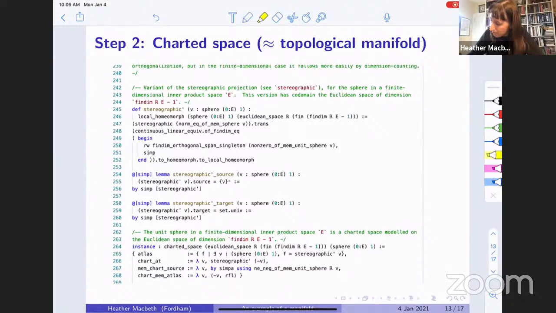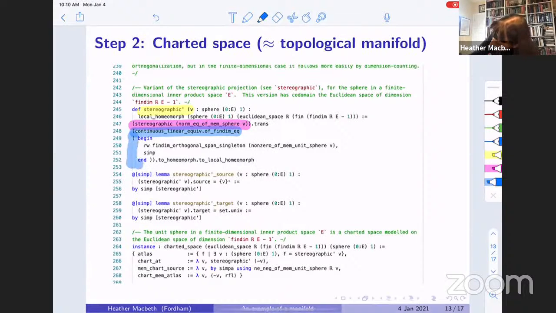So you can see what I do. I make my variation on stereographic projection by combining the previous stereographic projection that I was telling you about with this brand new, as of this weekend, continuous linear equiv dot of finDim equal, written by Adam Topaz, which just says that if you have vector spaces of the same finite dimension, then they're isomorphic.